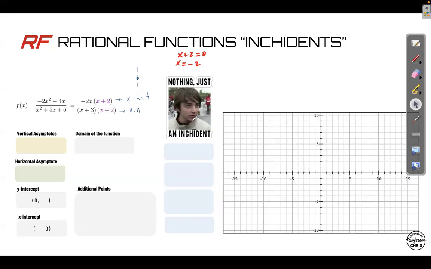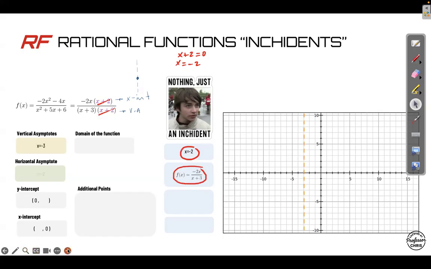What is happening there? There's going to be an incident. So we're going to save this value for later, the one that caused that collision between an x-intercept and the vertical asymptote. And we're going to cancel those out, but we're not going to forget about those just yet. So the new function is going to look like this.